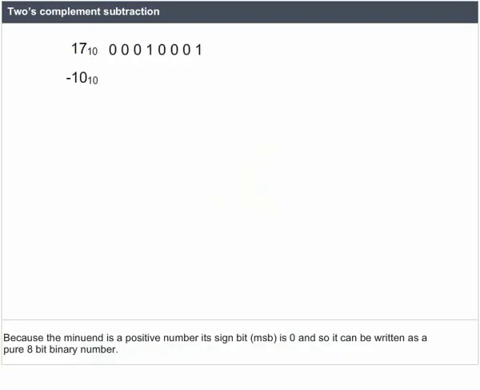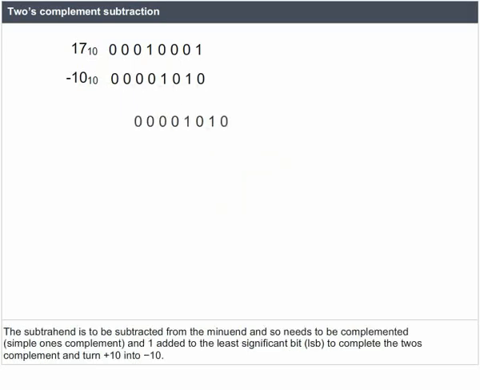Because the minuend is a positive number, its sign bit MSB is 0, and so it can be written as a pure 8-bit binary number. The subtrahend is to be subtracted from the minuend and so needs to be complemented: simply take the ones complement and add 1 to the least significant bit, LSB, to complete the 2's complement and turn plus 10 into minus 10.